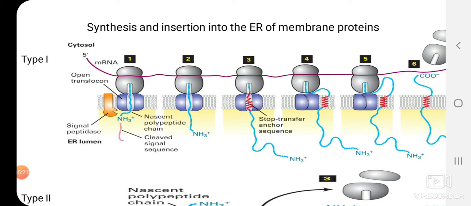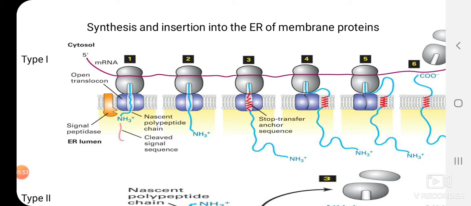Because of the suitability of their environment, this part of the polypeptide chain, you can see in the fourth step, gets into the membrane. But when this part of the polypeptide chain gets into the membrane, the translational process is not halted. It still continues on the translocon, but translocation gets stopped.